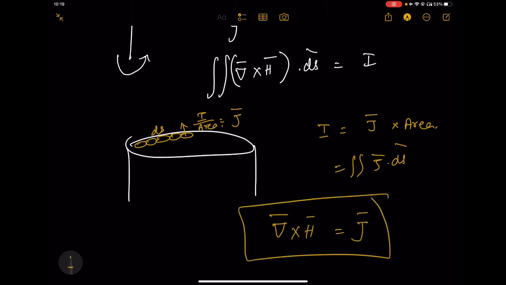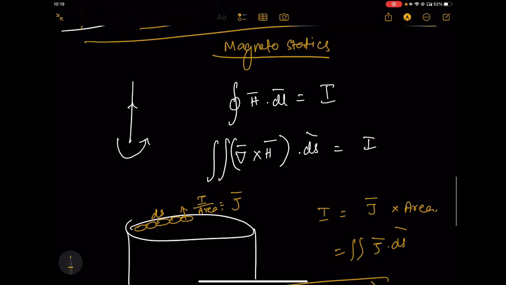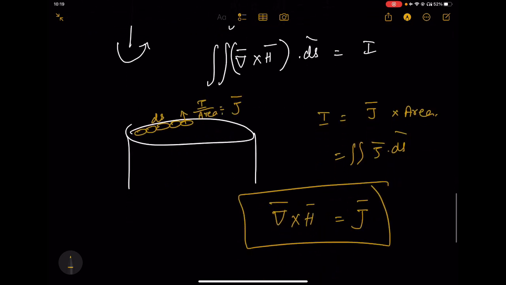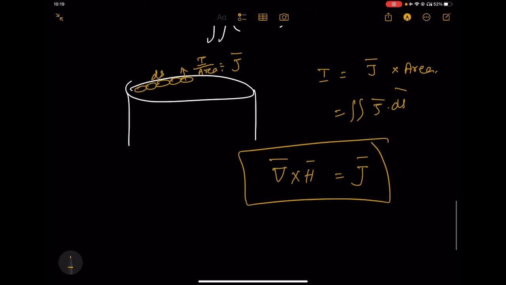Curl of H in the magnetostatics case. We started with Ampere's law. We said that the current I can be written in terms of current density. Current density means total current divided by area, right? So total current is current density into area, and area is double integral ds. So we ended up getting J like this.